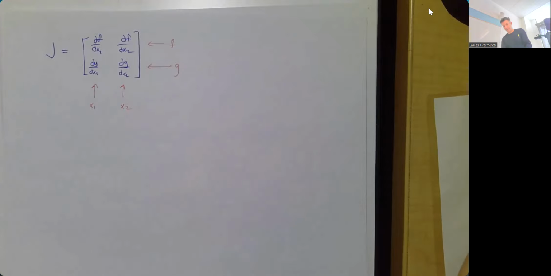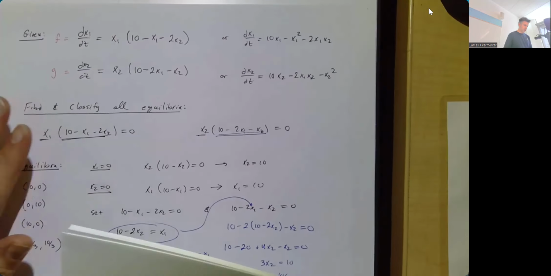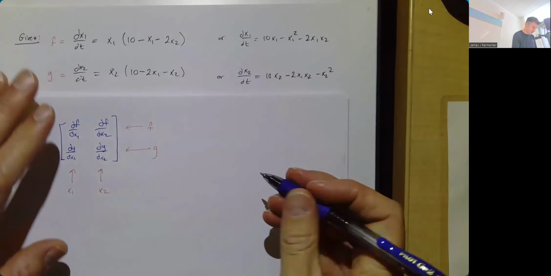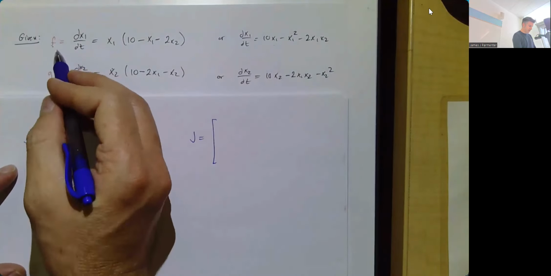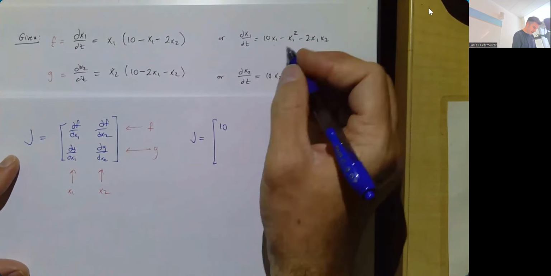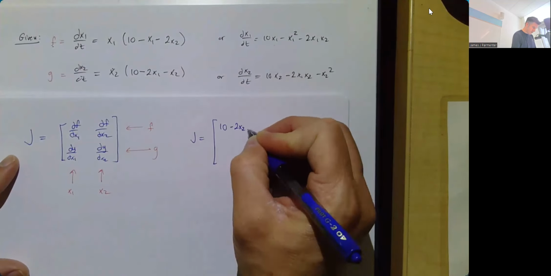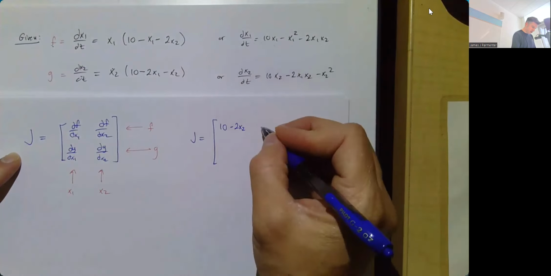Oh, but then I might need the function I'm trying to take the partial derivatives of. So our Jacobian here is going to be, let's see, del f del x1 is going to be 10 minus 2x2. Del f del x2 is going to be negative 2x1.